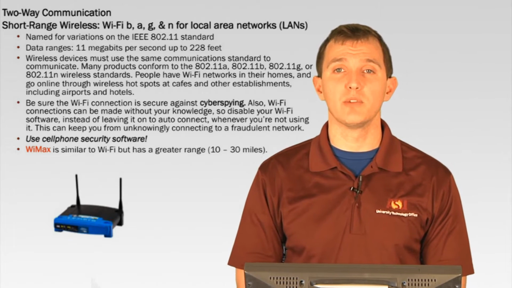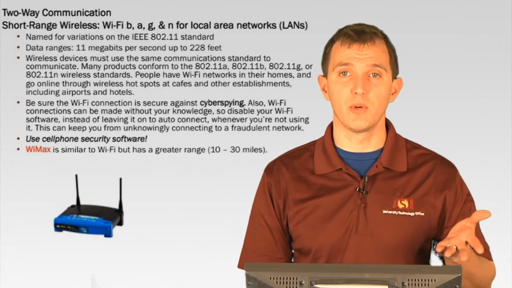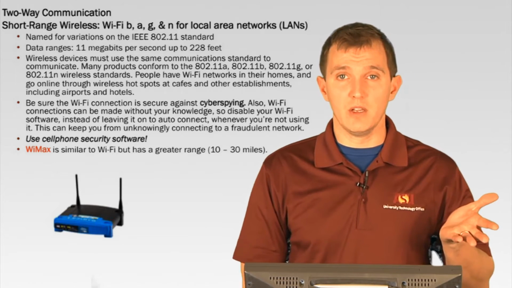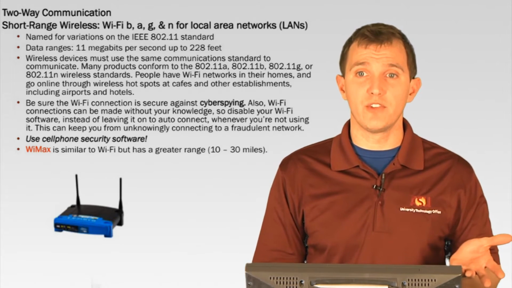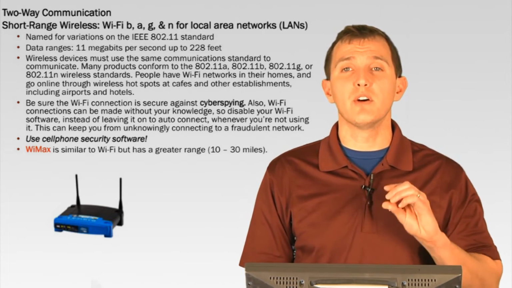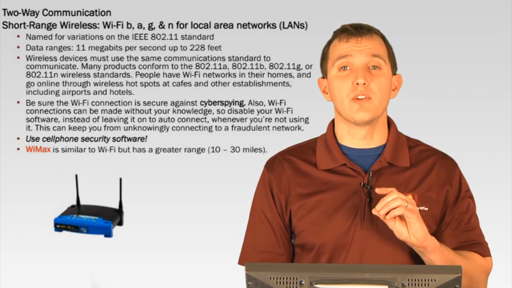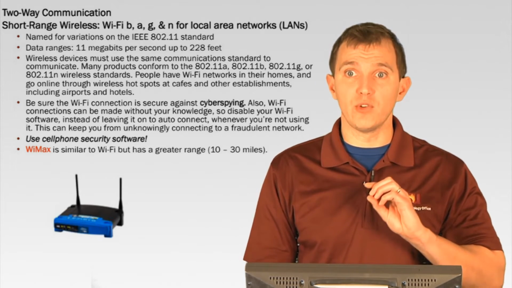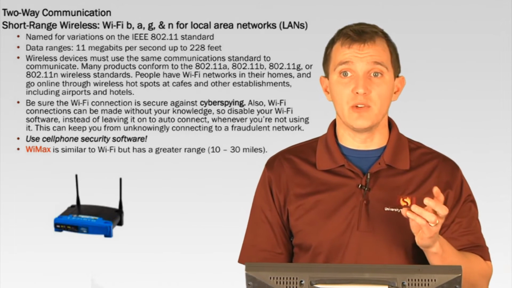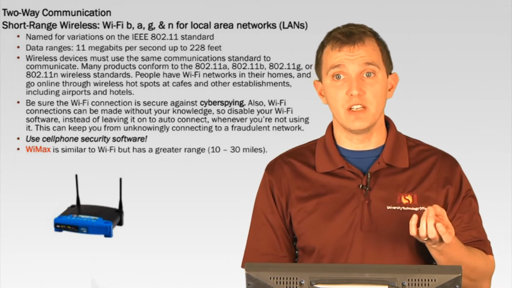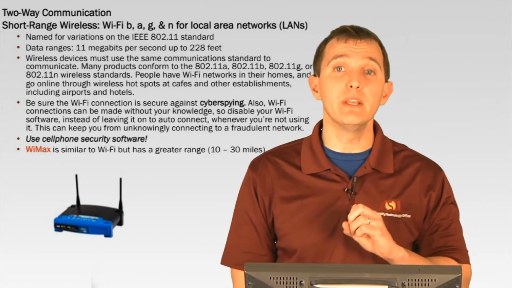And then IEEE 1394A is FireWire 400, and IEEE 1394B is FireWire 800, for instance. So IEEE 802.11 is the set of standards that govern the transmission of wireless data. So 802.11a, 802.11b, 802.11g, and 802.11n are different speeds.